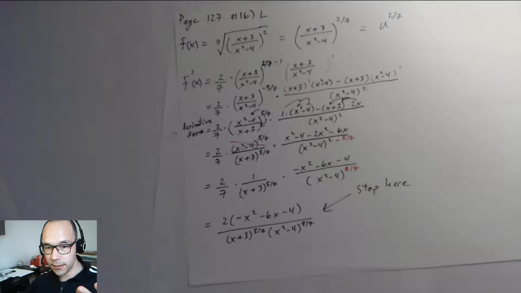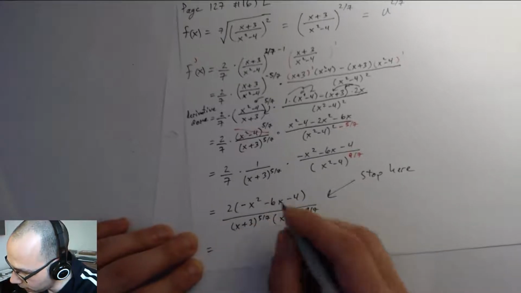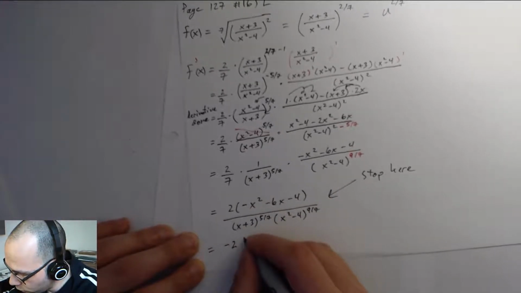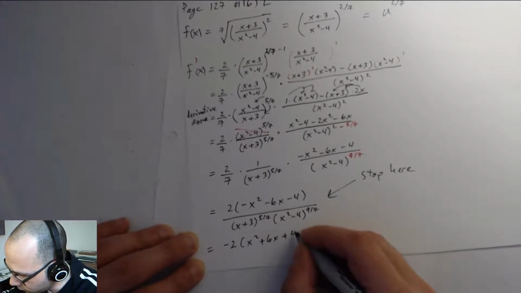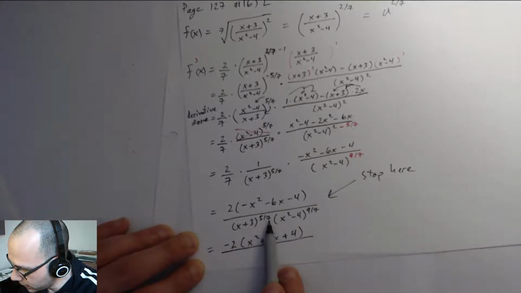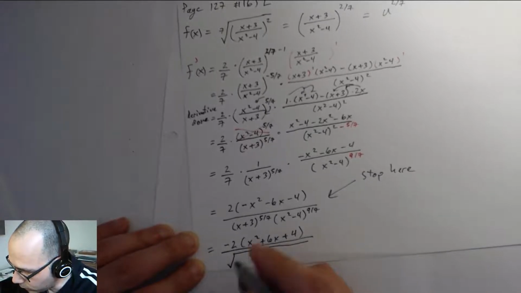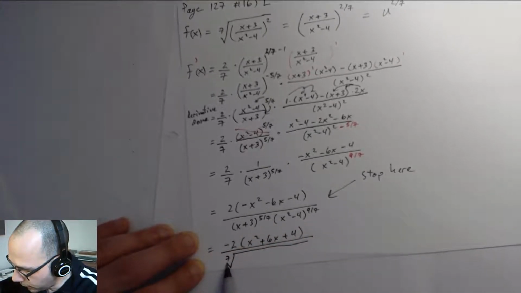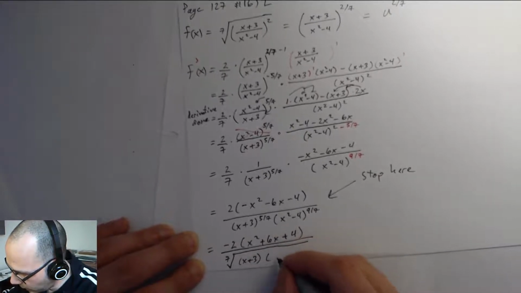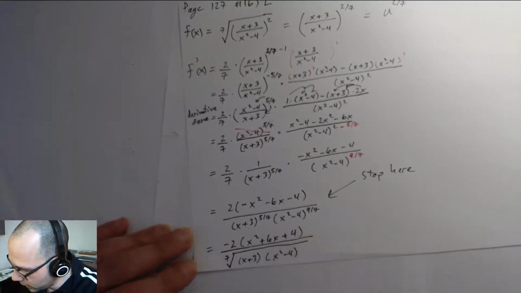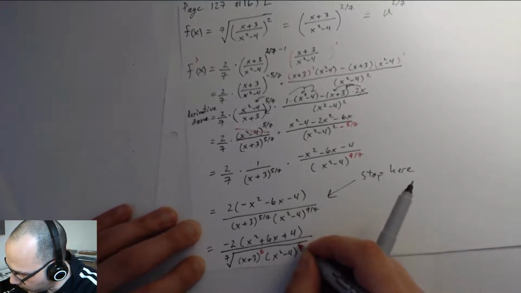If you want a more simplified version, you can bring out the negative symbol right here: negative 2 times (x squared plus 6x plus 4). All of that over, well, these all have fractional exponents with the same denominator, so it's going to be a 7th root of (x plus 3) to the power of 5 multiplied by (x squared minus 4) to the power of 9.